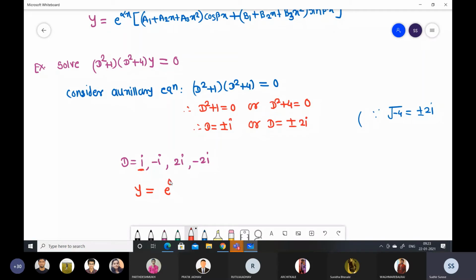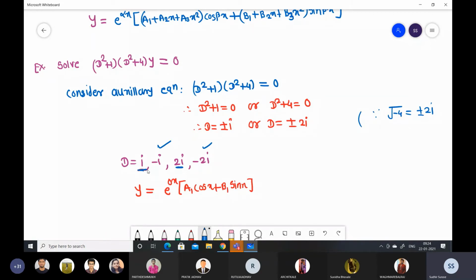The real part is 0, so e to the power 0x in bracket a1 cos x plus b1 sin x. I use a1 because we have more than one root. This is corresponding to the root i. Now just focus on 2i. Do not focus on minus i and minus 2i, keep them aside.